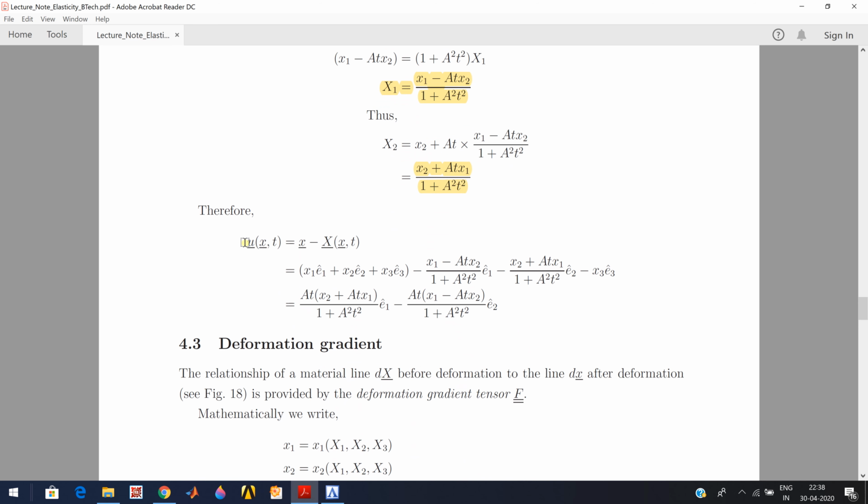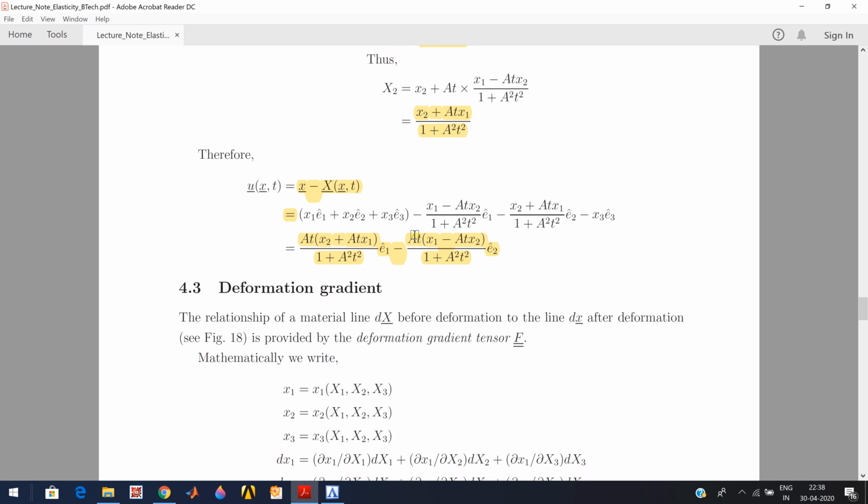Then your displacement field or vector in the spatial description will be, as we defined earlier, small x minus capital X in terms of small x, and then you just put in those capital X values. So this is your spatial description. Here you can see everything in terms of small x and t. So they are the same vector represented in different descriptions: one is material description, another is spatial description.